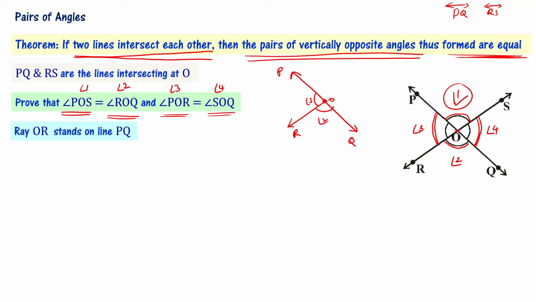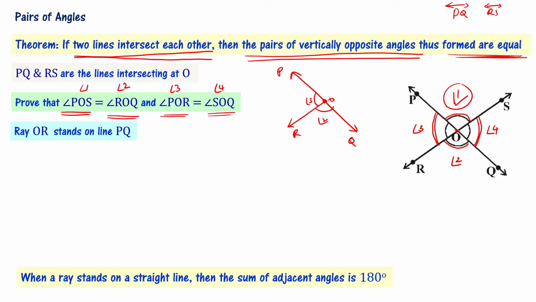Their sum is equal to 180 degrees. Why? When a ray stands on a straight line, the sum of adjacent angles is 180 degrees. As per this, angle POR, that is angle 3, plus angle ROQ, that is angle 2, is equal to 180 degrees.